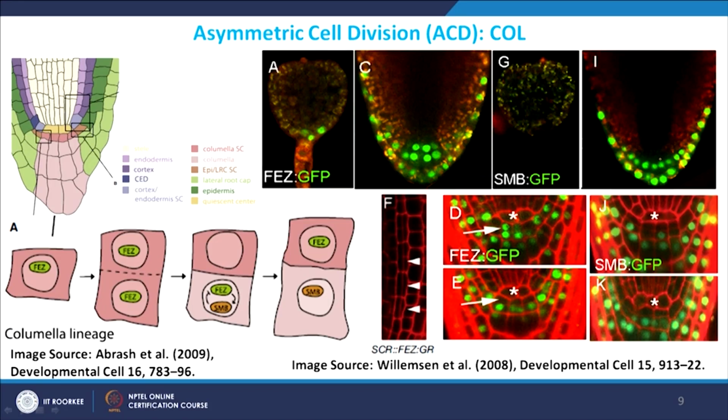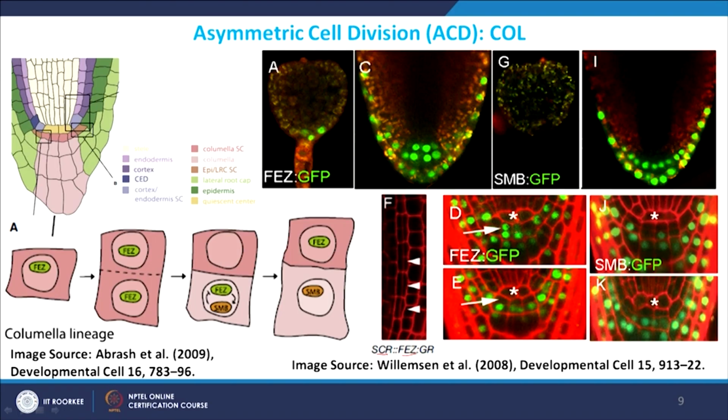And when you overexpress this FEZ protein in the endodermis, so you are using the SCARECROW promoter, you can see an additional round of periclinal cell division. So, this supports the previous observation that FEZ is important for periclinal cell division. In the mutant that cell division is decreased, but when you overexpress, additional cell division takes place.